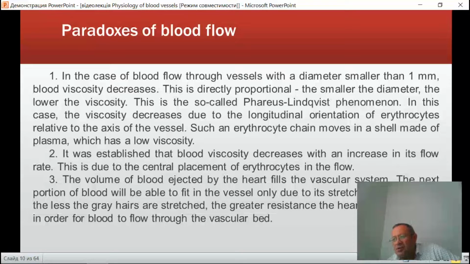The next portion of blood will be able to fit in the vessels only due to stretching. Accordingly, the less the vessels are stretched, the greater resistance the heart must overcome in order for blood to flow through the vascular bed.